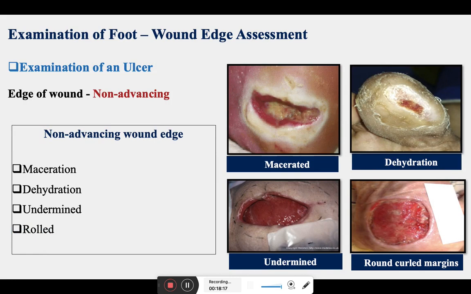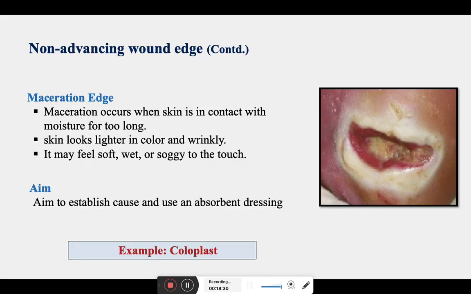Now non-advancing, there may be presence of maceration, dehydration, undermined or rolled or curled edges of the wound. Now what do they signify? So once the macerated edges are there, maceration occurs when the skin is in contact with moisture for too long.